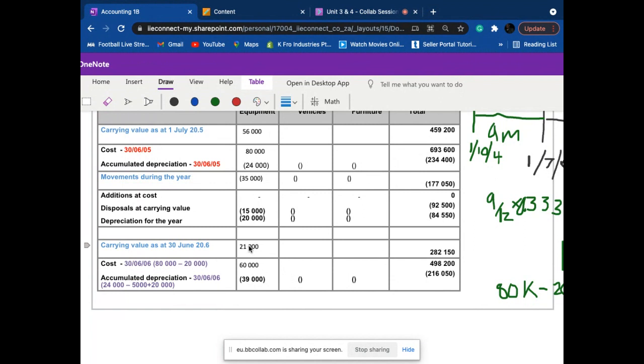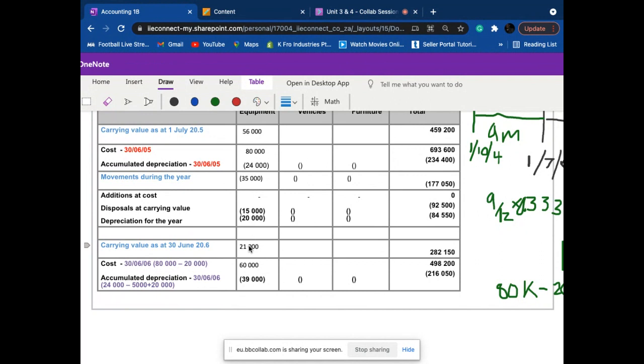Now, can I show you something interesting? If you take the carrying value at the beginning of our financial year, that 56,000, and you minus it from the movements, what do you get? What amount do you get? You get 21,000.